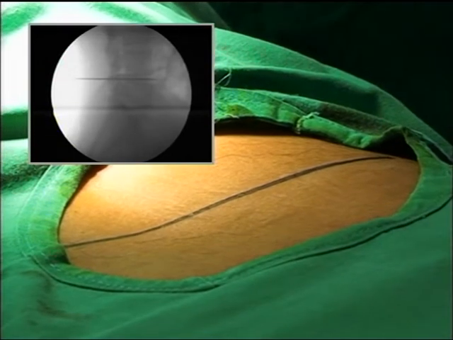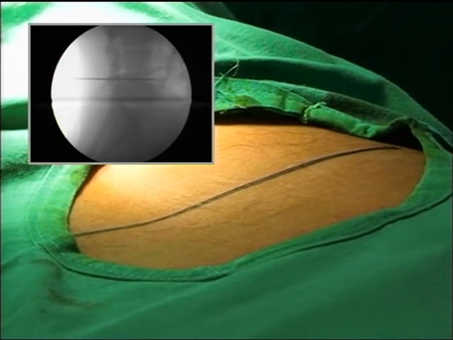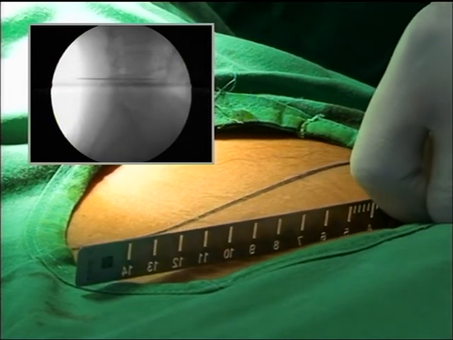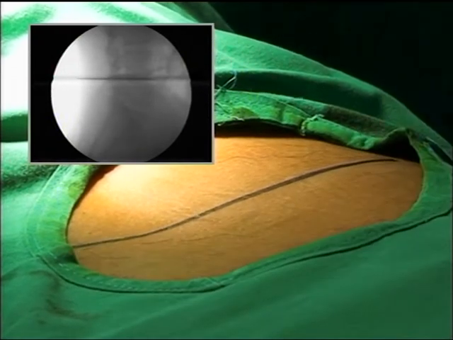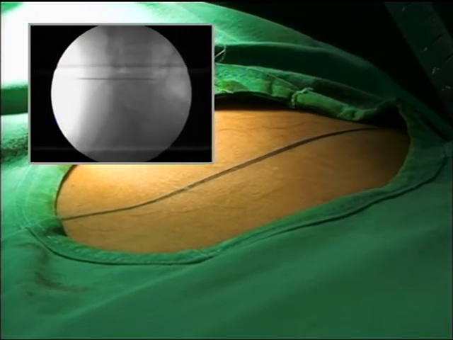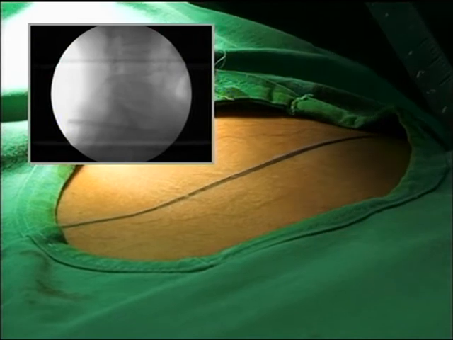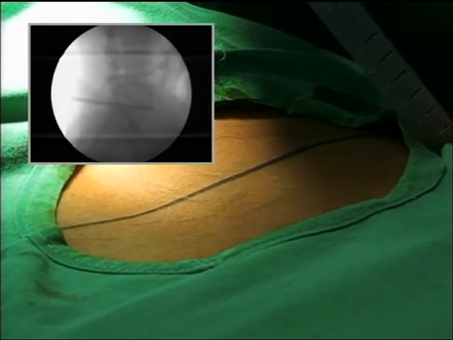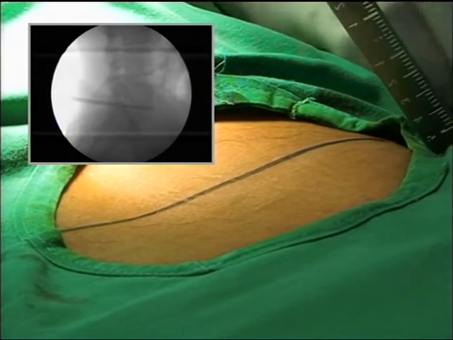I'll show you that in L5-S1 also, if everybody is interested in what the trajectory is and how it can be decided. So again I am going for the L5-S1 disc inclination line. Yes, so this is the L5-S1 disc inclination line for me.